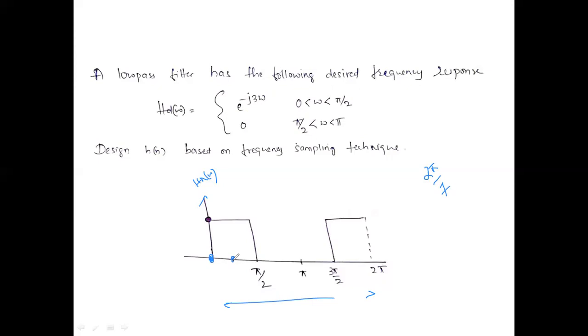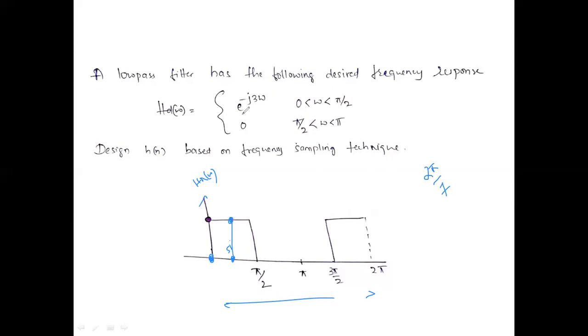360 divided by 7 for the first value is say 51 degrees. You can see 51 is less than 90 degrees, so it's fine for me. It is a non-zero number. Magnitude is 1.